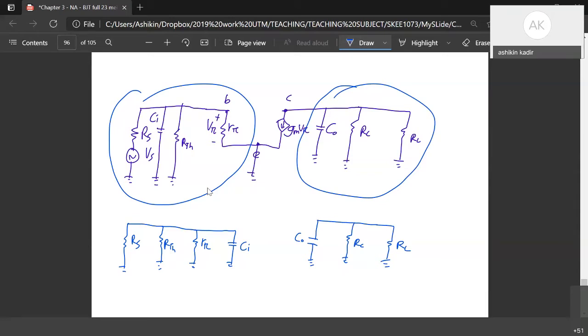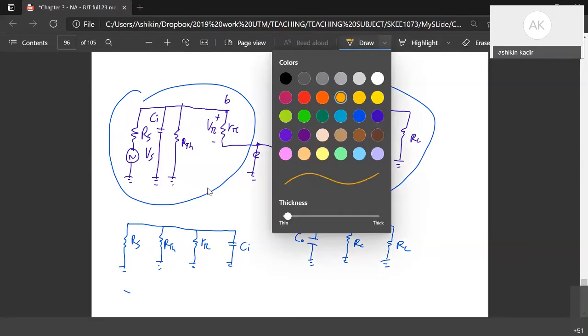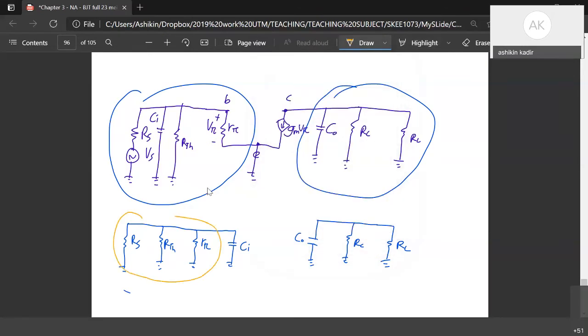Okay, so this is to make the simplified circuit easy for our eyes to see whether the resistors are series or parallel. So here you can see that all of the resistors are parallel, and this RC and RL are also parallel.